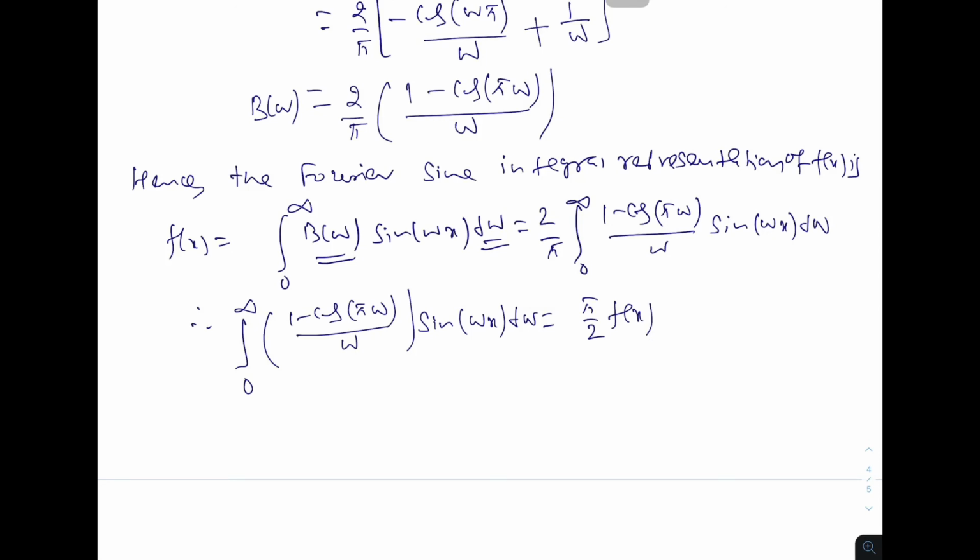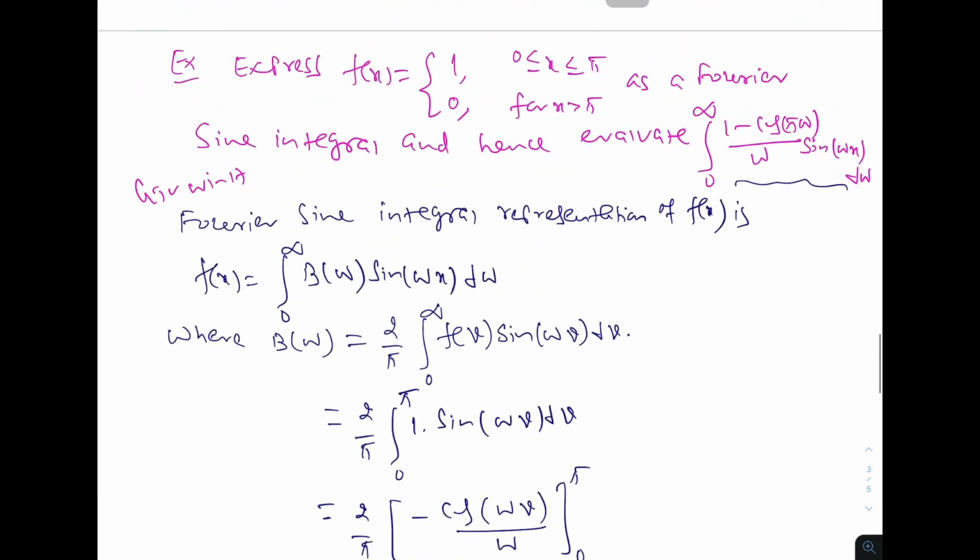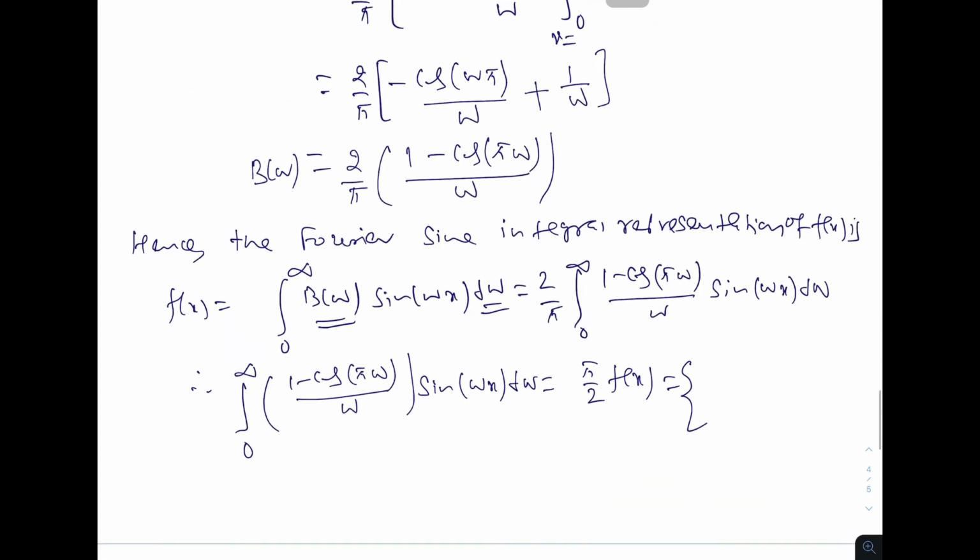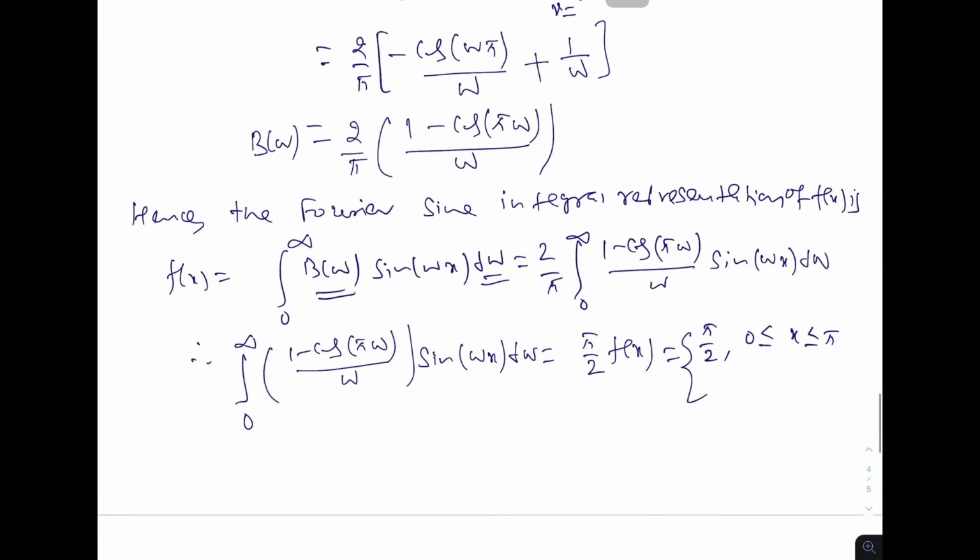Now f(x) is given as 1 when 0 to pi, and 0 when x is greater than pi. So it is pi by 2 for 0 to pi, and here we are given a closed interval, and 0 when x is greater than pi. So that is the answer. Thank you.